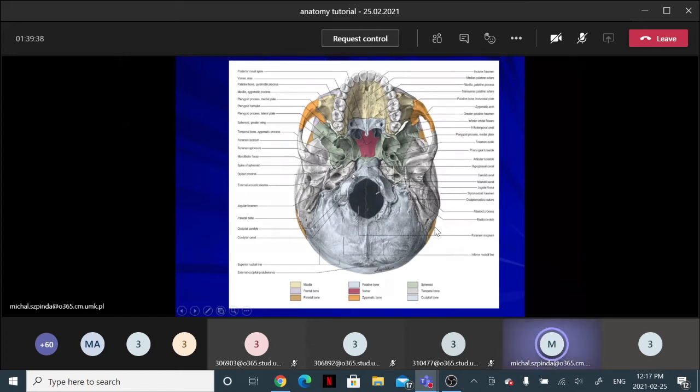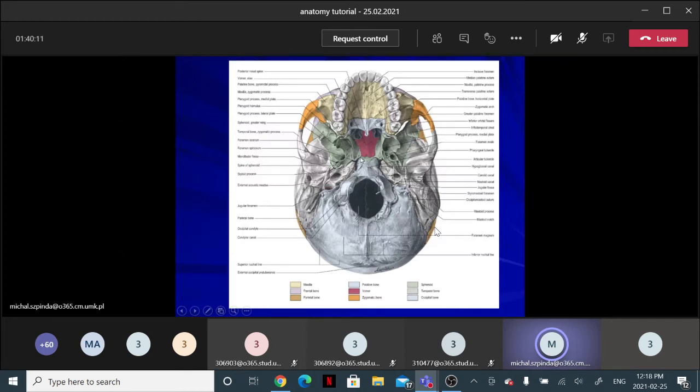On the basilar part of the occipital bone, we can see the pharyngeal tubercle, and sometimes in the front is a small pharyngeal fossula, which is inconstant, and the pharyngeal tubercle is constant.